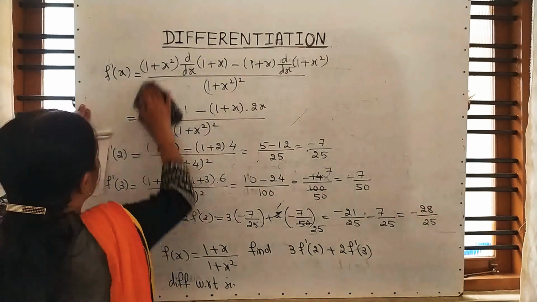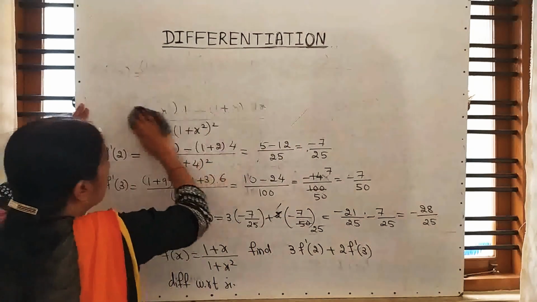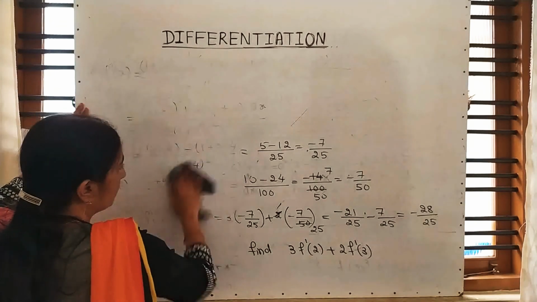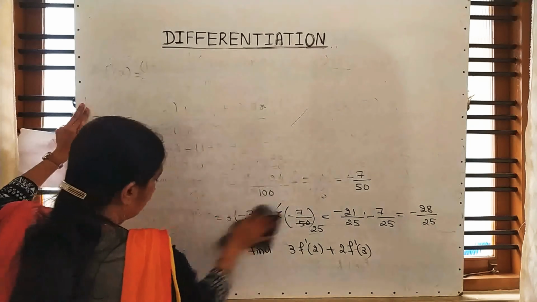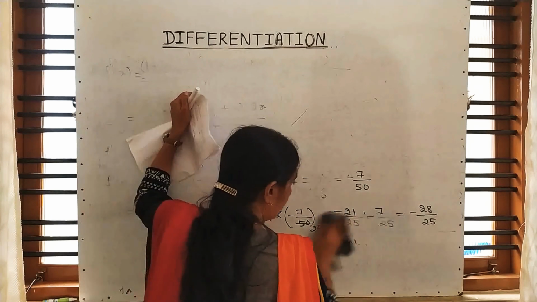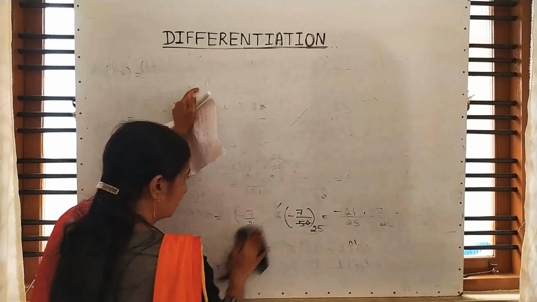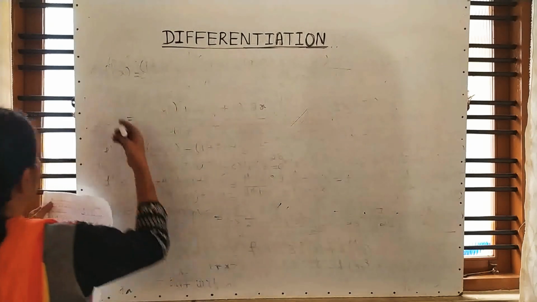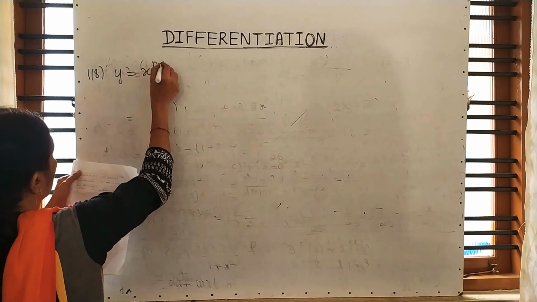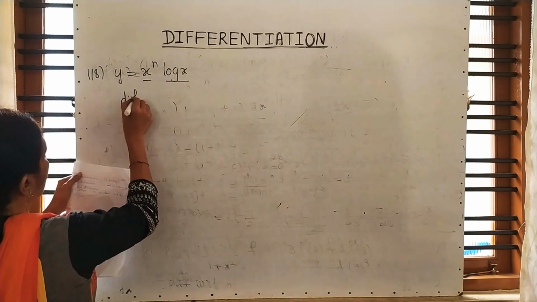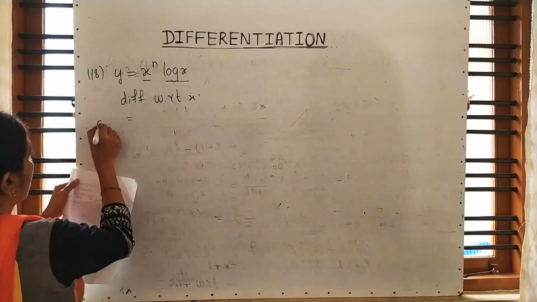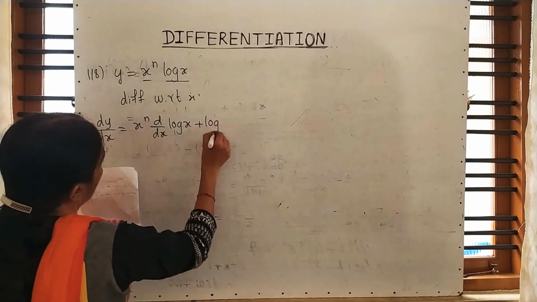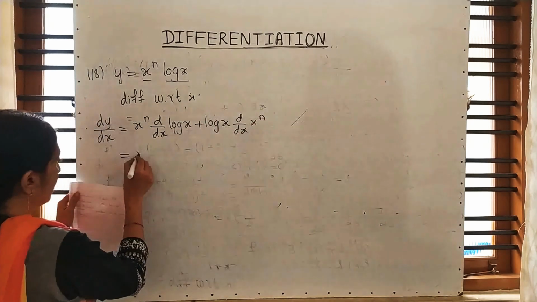Question number 118. Y is equal to, this is U, this is V. See, dy upon dx is equal to x raised to n as this, it is 1 by x.